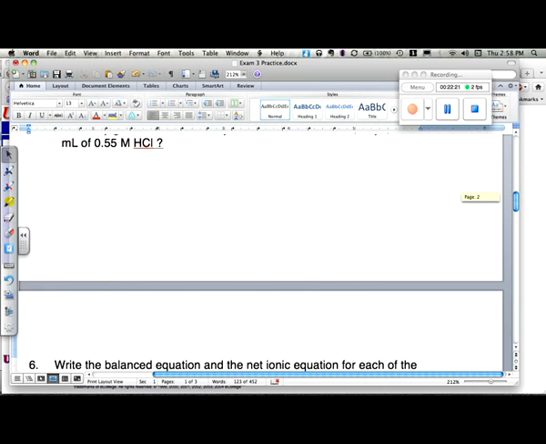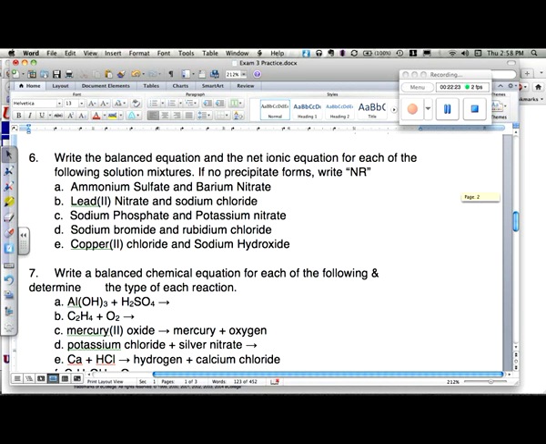All right, number 6, moving out of a pretty repetitive set of stoichiometry problems. All right, so we're going to write balanced equations and net ionic equations for each of the following solution mixtures. If no precipitate forms, write no reaction.